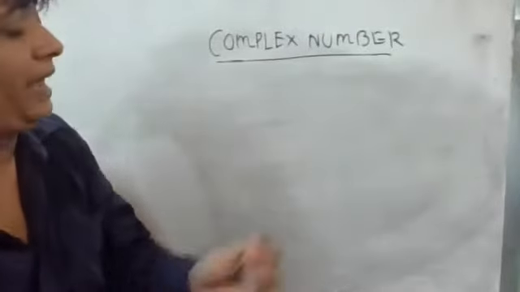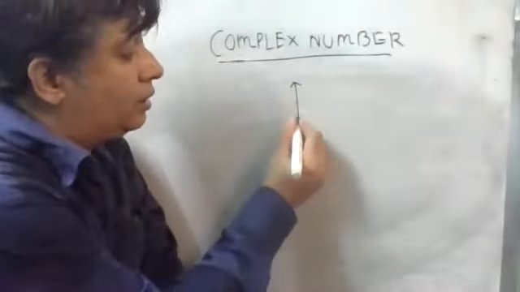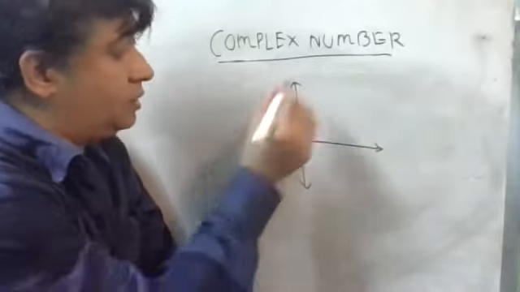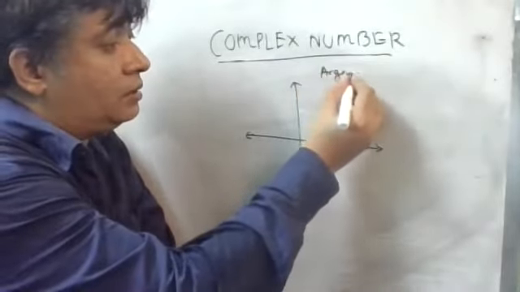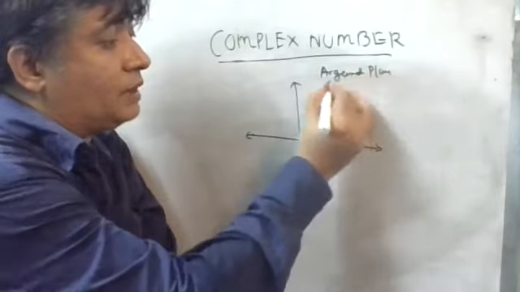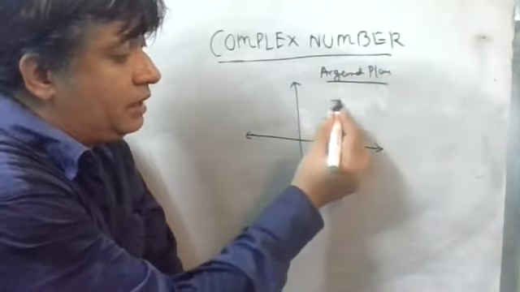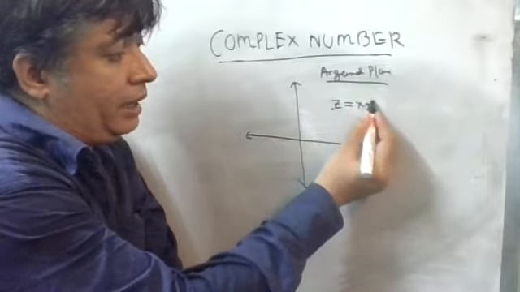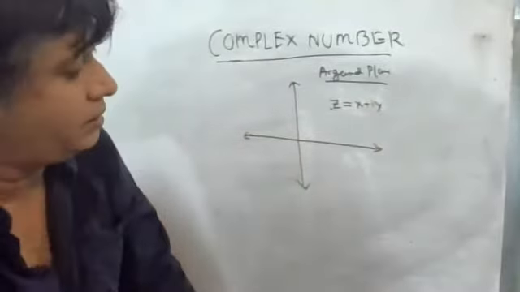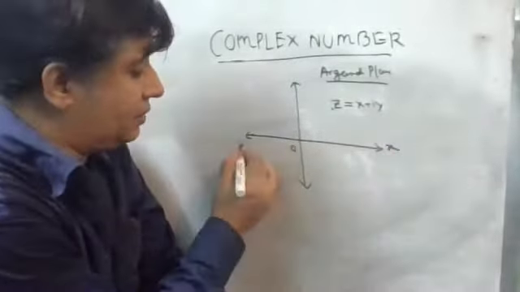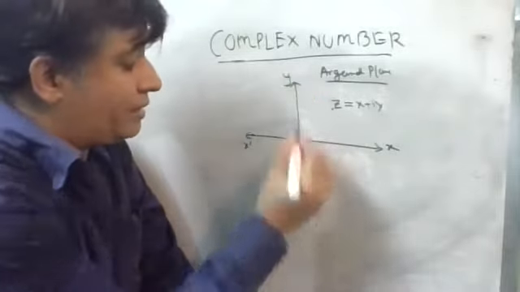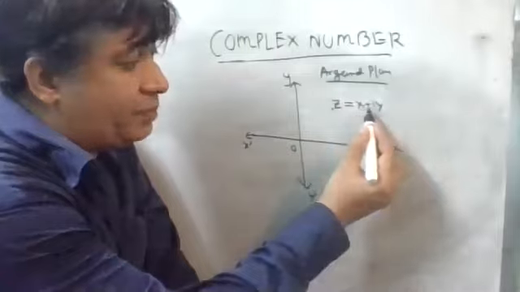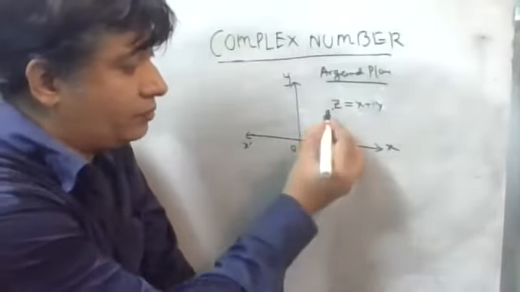See, again, let's draw the Argand plane. This is the Argand plane, and see, this is z, the point in the complex plane. This is the x-axis, this is the y-axis, and a point in the complex plane will be expressed by the standard form x plus iy.